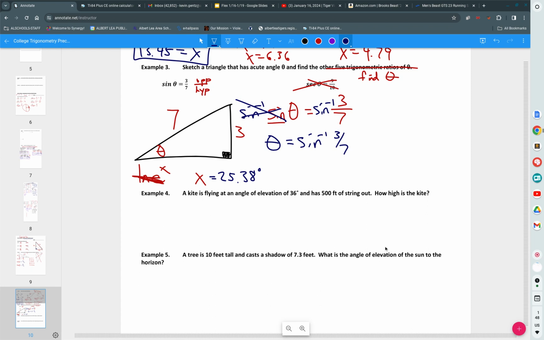So here we want to find the arc length, and arc length S is the radius times theta. So in this case, the radius is 11, and theta must be in radians. So you don't type in 315, you type in the radian, which is 7 pi over 4.